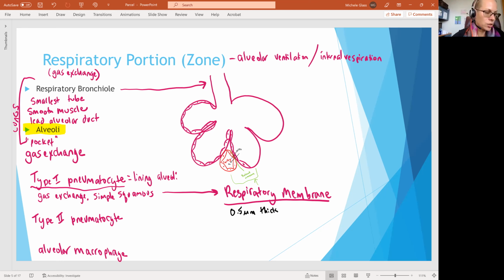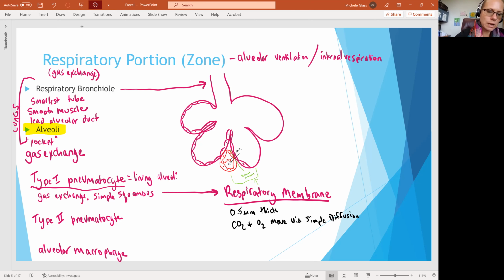This is where the gas exchange is happening, and both CO2 and oxygen move via simple diffusion, which means they're going to be moving, we'll talk about this more, essentially from a high concentration to a low concentration across that phospholipid bilayer. So because both of these gases are lipid soluble, they don't have to have a special channel carrier or any other kind of special mechanism to get across these two areas.